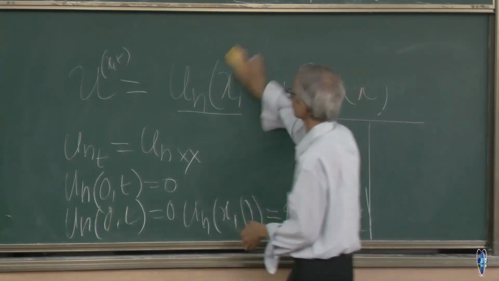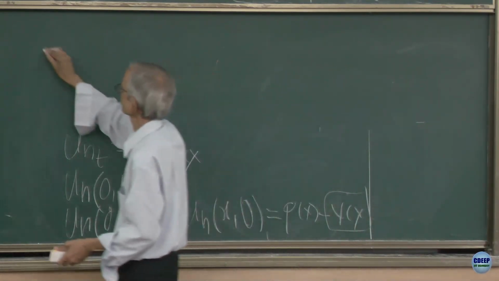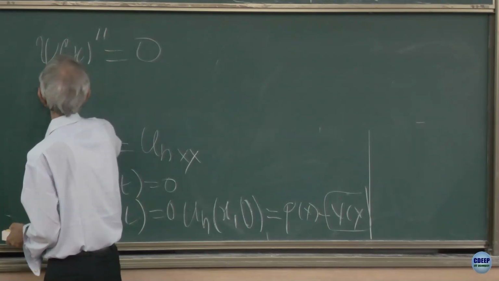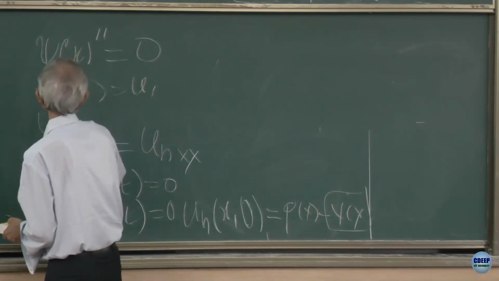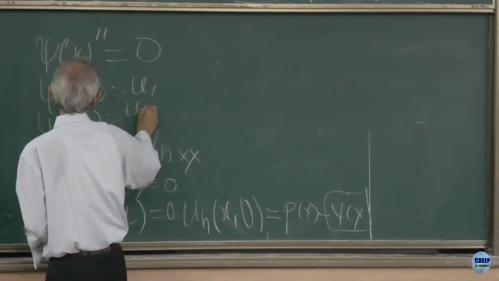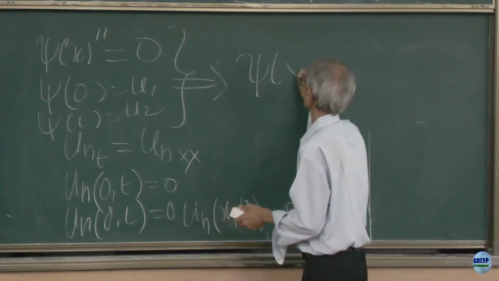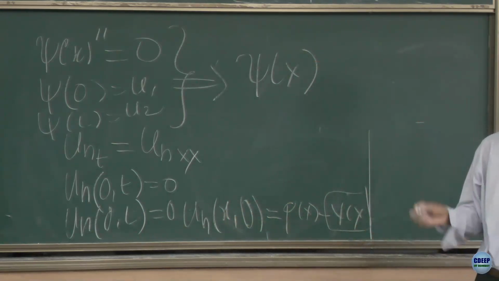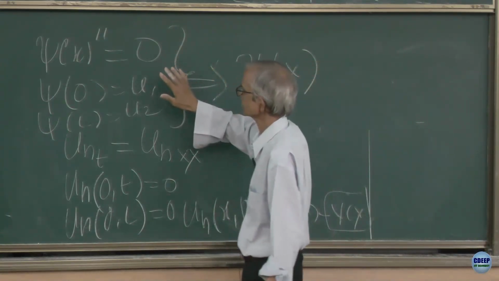And we have psi x double prime equal to 0, psi of 0 equal to u1, psi of L equal to u2. I use this to solve for my psi of x. So essentially I had a non-homogeneous partial differential equation.